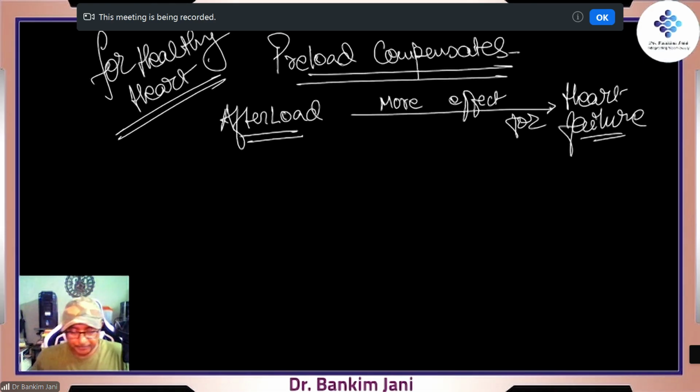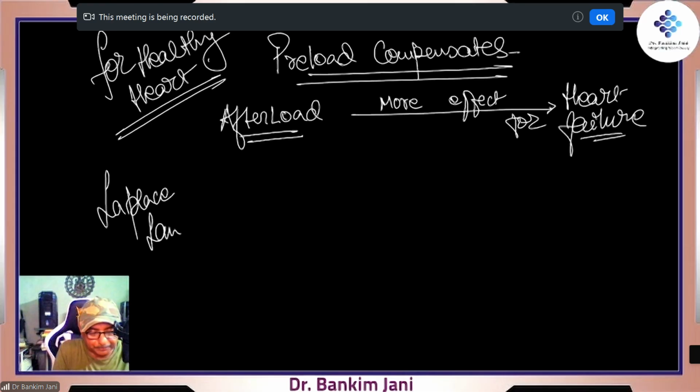So here, those who have joined right from the beginning know that during our respiratory system discussion, we talked about the law of Laplace. We take that law once again over here.